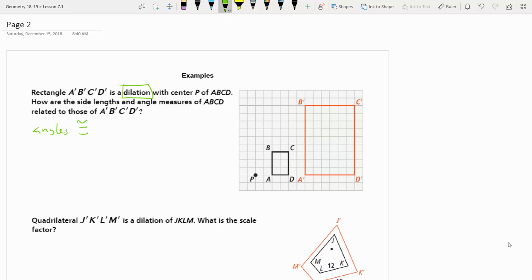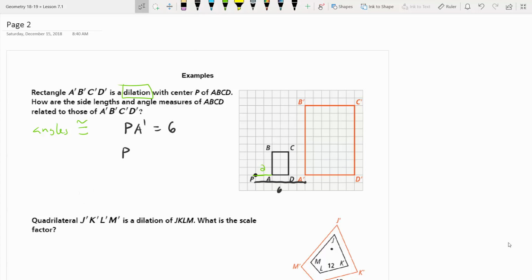So if I were to look at the distance from point A to point P, that's a distance of 2 units. And then I take the distance from P all the way out to A prime, that's a distance of 1, 2, 3, 4, 5, 6 units. If I want to figure out what my scale factor is, all I have to do is take a single distance in the image, so from P to A prime was a value of 6.